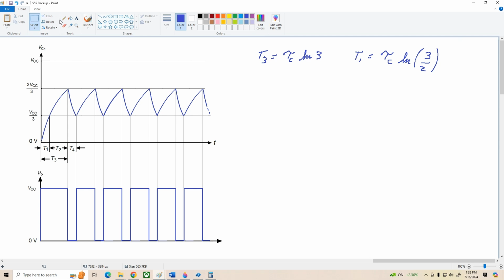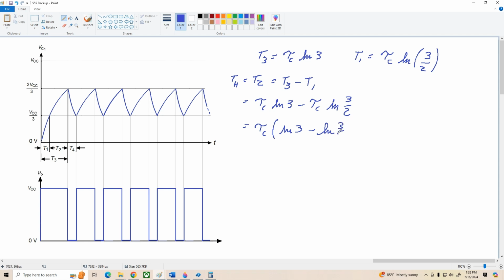And here we go. So now we've got T sub H, the high output time, is equal to T2, which equals T3 minus T1. Okay, and that's the charging time constant times the natural log of 3 minus the charging time constant times the natural log of 3 over 2. All right, we're going to factor the time constant out of here, so that gives us tau sub c times the natural log of 3 minus the natural log of 3 over 2.